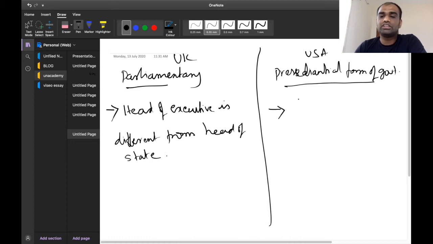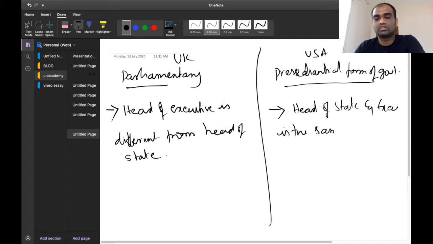In the case of the presidential form of government, the head of state and executive is the same person. Clear? In the parliamentary form, the head of executive and head of state are two different persons. The head of executive and head of state is the same person in the presidential form of government.